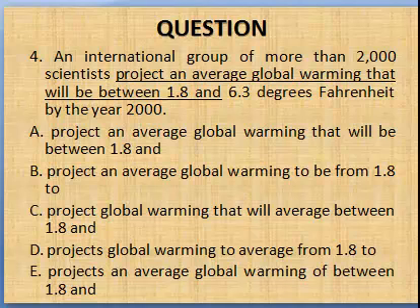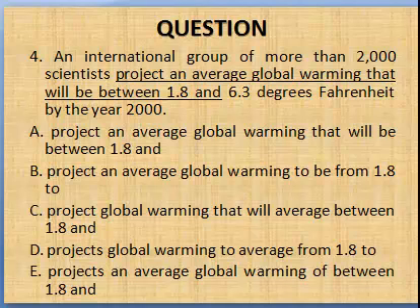Okay, project an average global warming to be, project global warming that will average between, project an average, okay, this project an average global warming. Okay, so we have to say that they are projecting average global warming, and we are not allowed change in meaning.